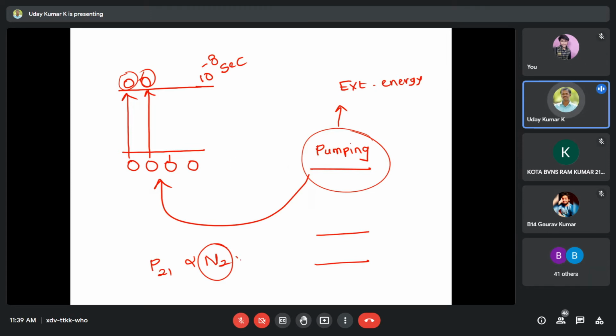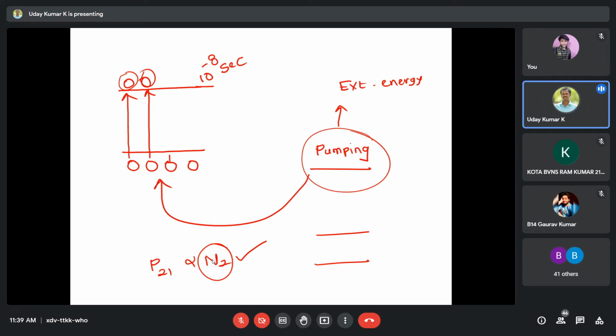So unless you have more atoms in the higher energy level, you will not get stimulated emission. Having more atoms in the higher energy level is called population inversion. Unless you get population inversion, it is impossible to trigger stimulated emission.